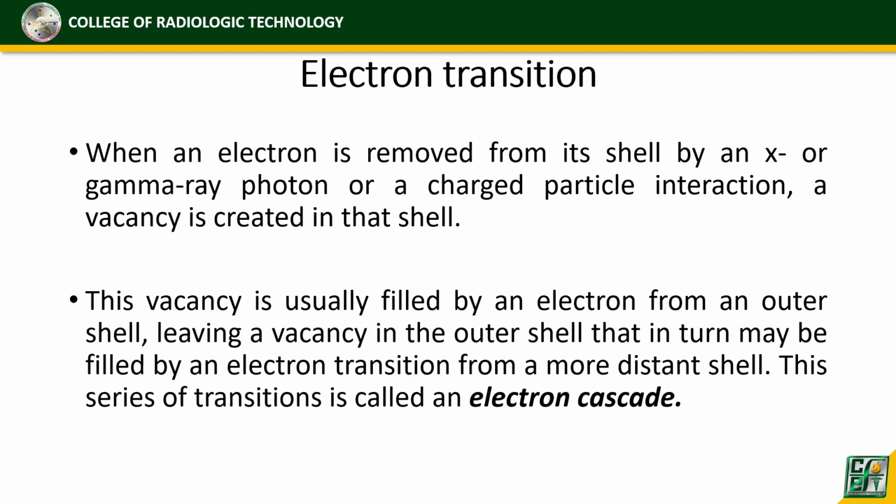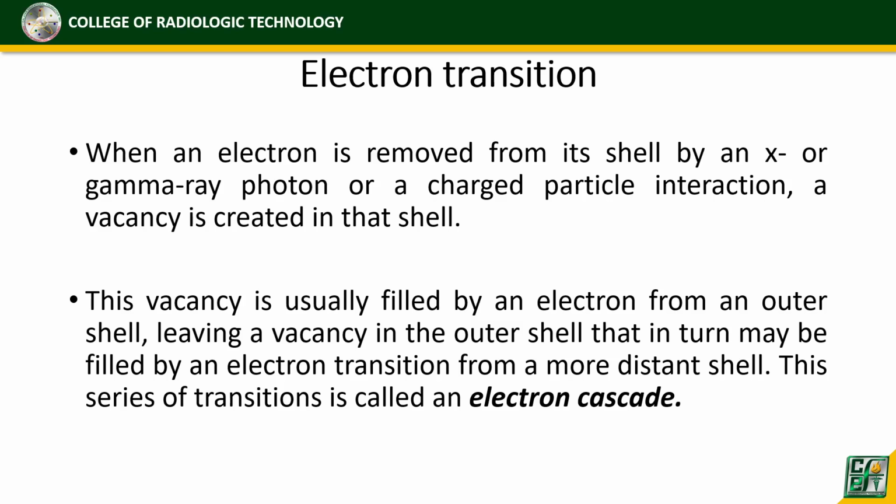So yung vacancy na yon sa inner shell ay mapupunan ng electron from the outer shell. So may transition na nagaganap doon sa orbital shells. So yung electron from an outer orbit ay magmo-move papunta doon sa inner orbital shell kung saan na nawalan ng electron.